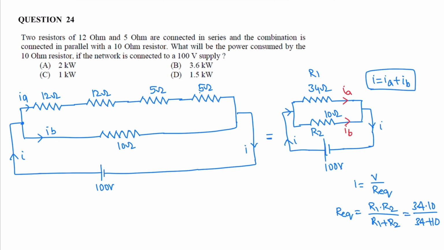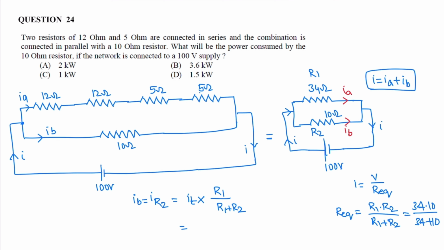Now the current through resistor R2, that is IB, is the total current into the opposite branch resistance by the total resistance, that is R1 plus R2.